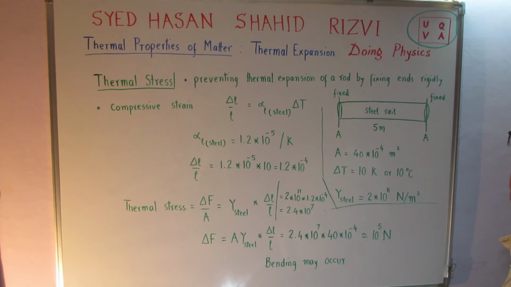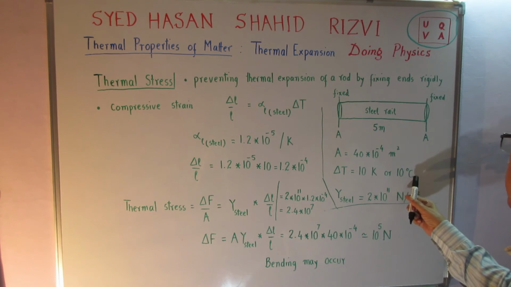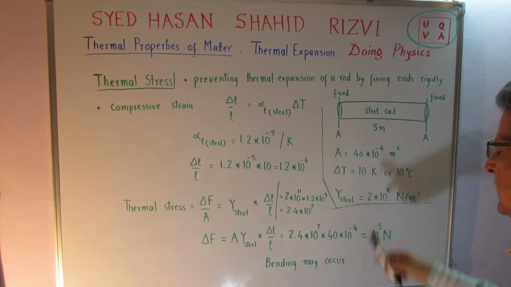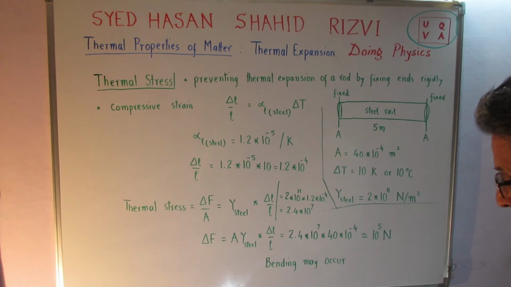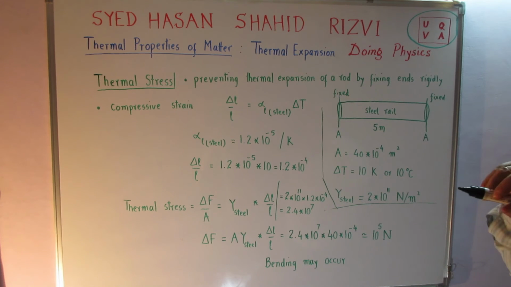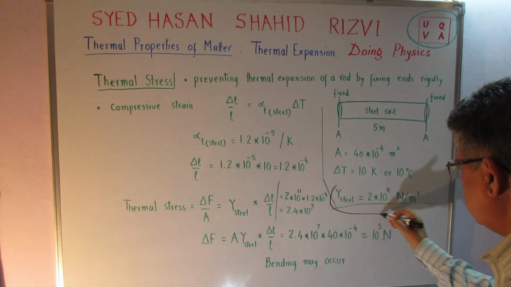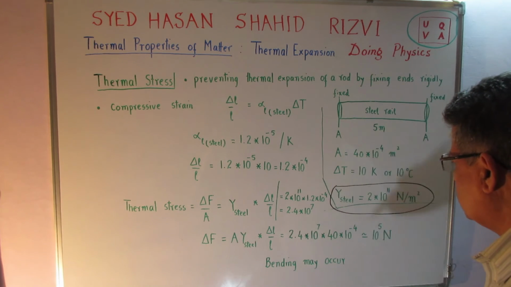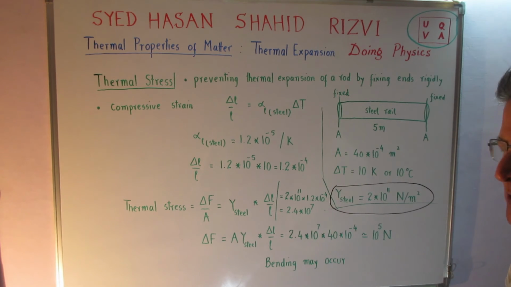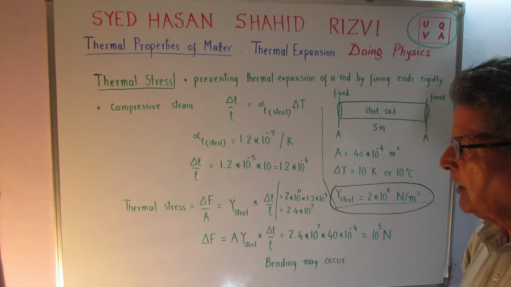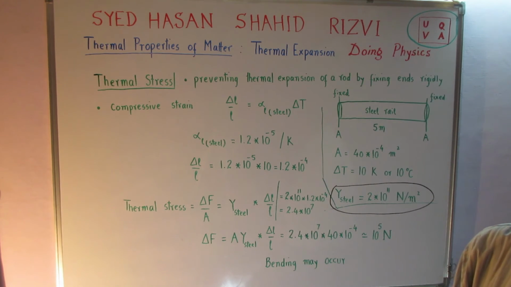We make a change of about 10 degrees Celsius or 10 Kelvin in the existing temperature of this 5 meter long rail. We give you the data about the Young's modulus of steel, which is nothing but stress upon strain.